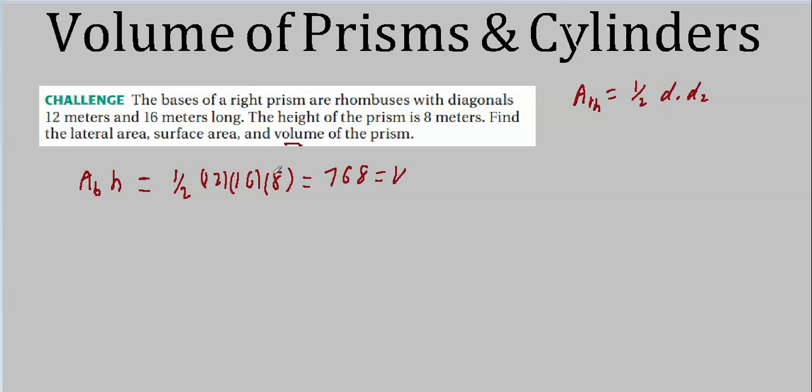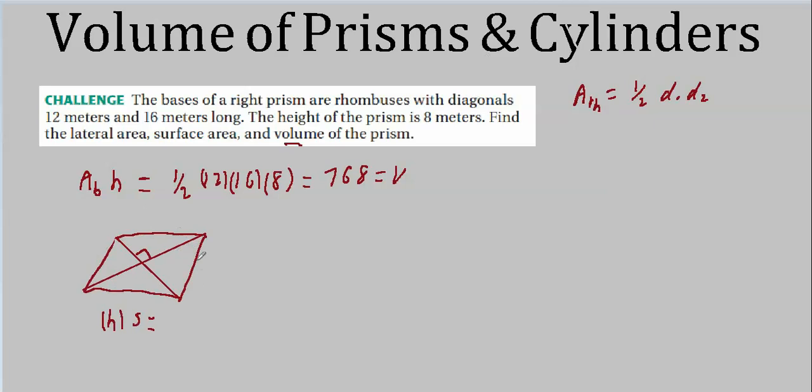If the height is 8, getting the lateral surface area is pretty easy if we know the length of one of these sides. Because for the prism, these two rhombuses are parallel and connected up with rectangles on each side here.